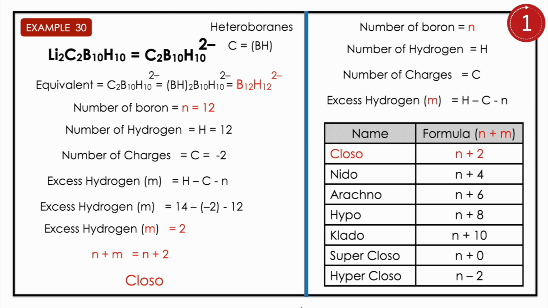So the excess of hydrogen will be H minus C minus N. If you substitute the values, it becomes 12 minus of minus 2 minus 12, which means M equals 2. So it is an N plus 2 system. If you look at the table, it has a Closo structure. So according to Wade's rule, Li2C2B10H10 has a Closo structure.